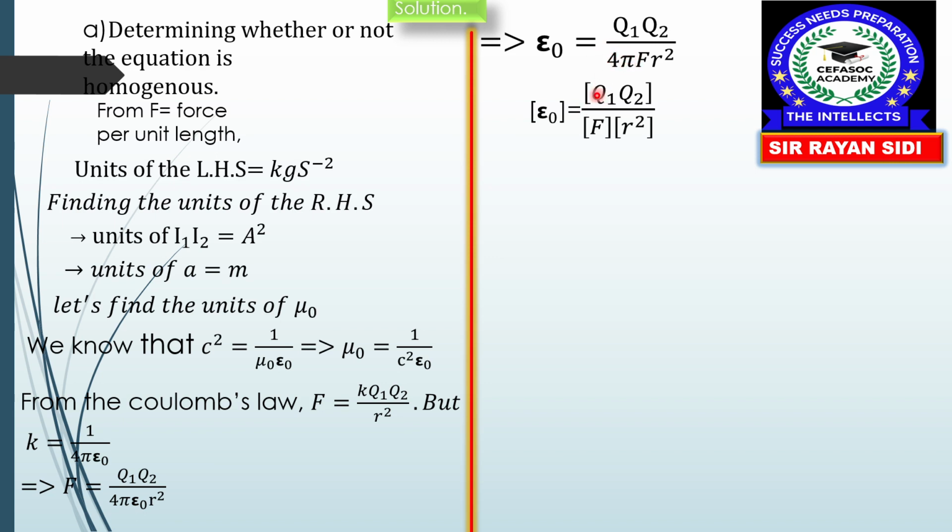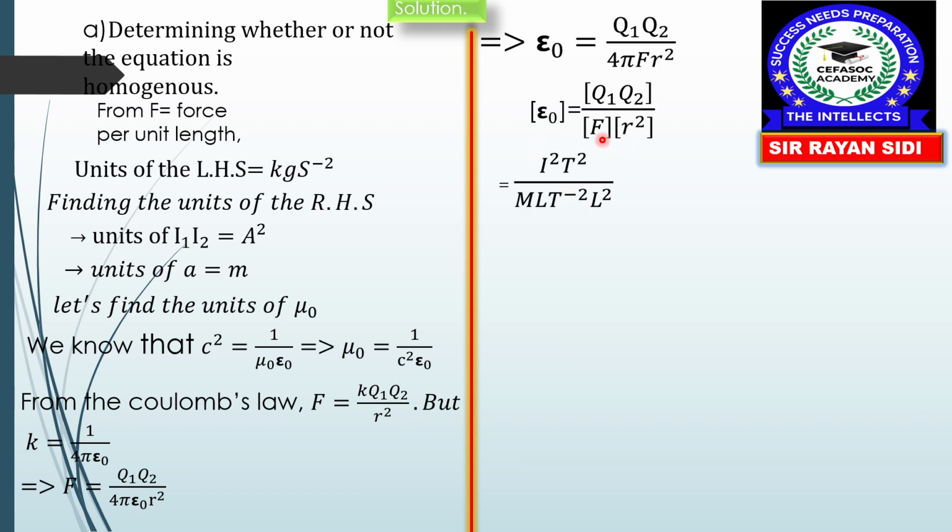Now, Q is the quantity of charge, and the formula is current times time, and the unit is given by A s. So the dimension is given by I T, where the dimension of current is capital I and the dimension of time is capital T. So our epsilon naught will be I squared T squared, because we have Q1 times Q2, so it is squared, all over F, which is M L T to the power negative 2, times R squared, which is L squared. We know that the dimension for meters, or for distance, is L.